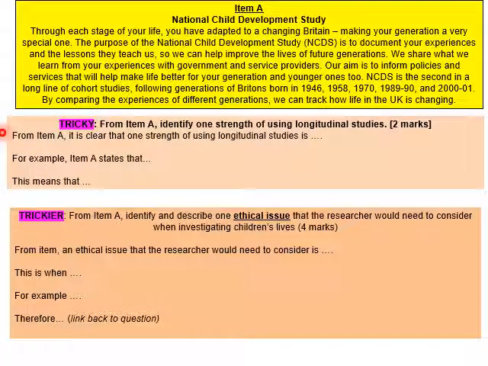And the 2 questions that you've got in response to this study is firstly asking you from item A, identify one strength of using longitudinal studies. And secondly is asking you from item A, identify and describe one ethical issue that the researcher would need to consider when investigating children's lives.